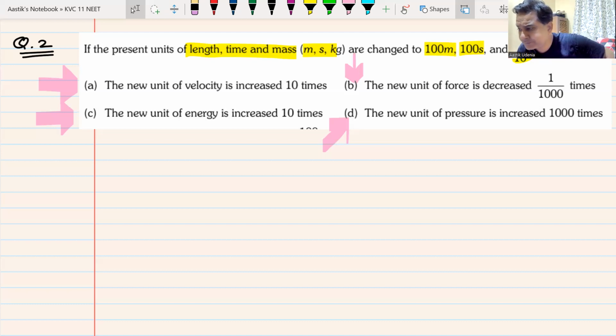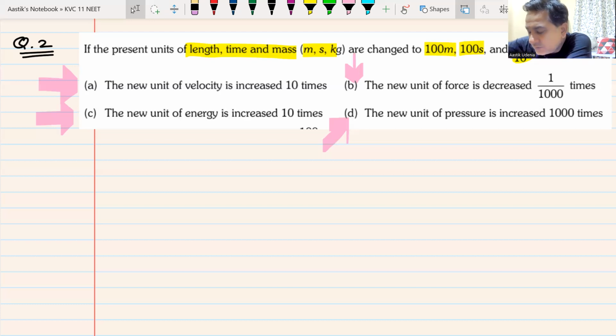Don't know it? Which is the correct option? Arey, what are you doing, beta?